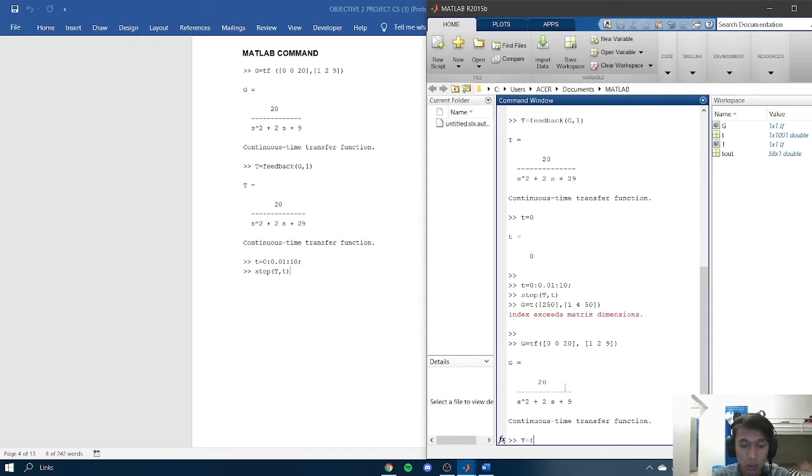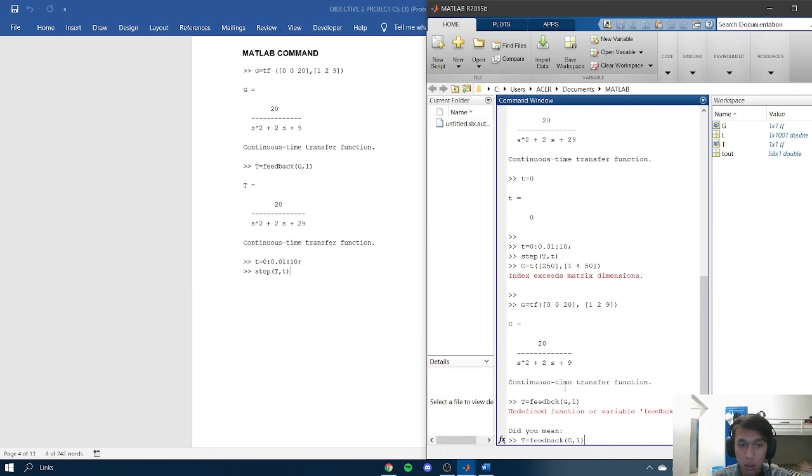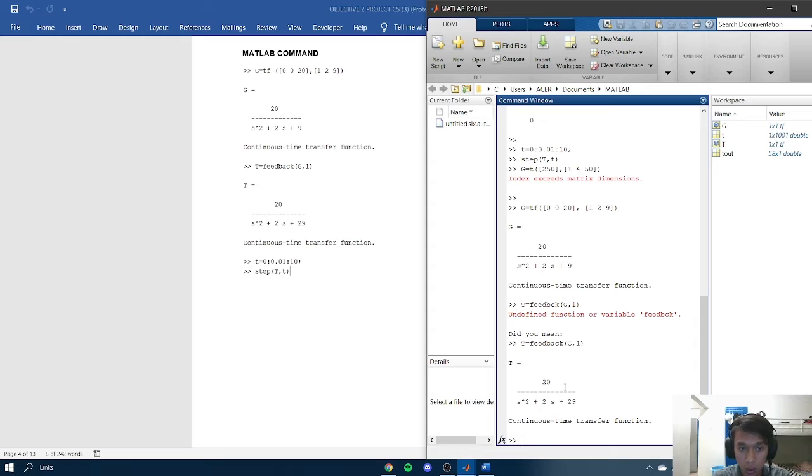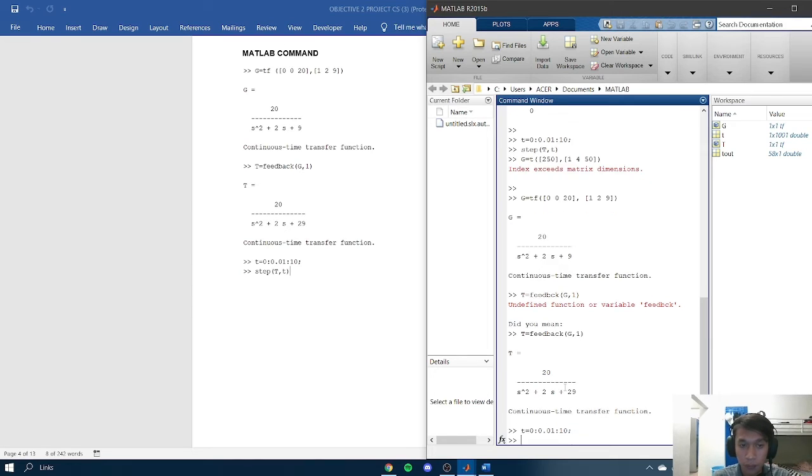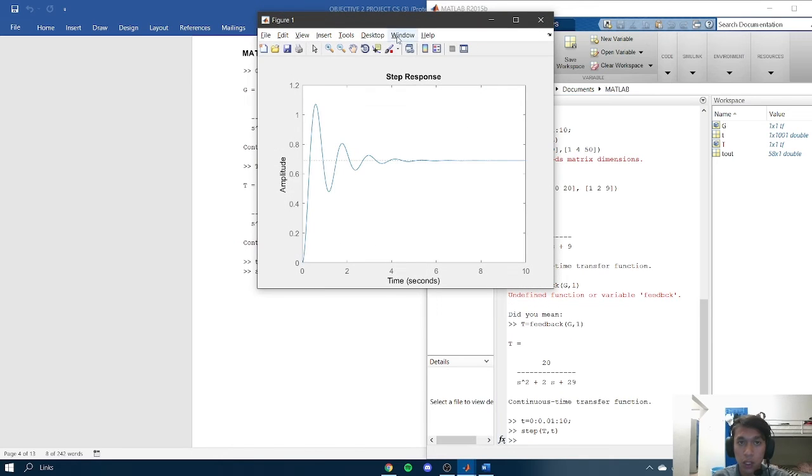And then T is equal to feedback of G, 1. And you need to write this command here, 0.01. And you will get the step response from the MATLAB command.